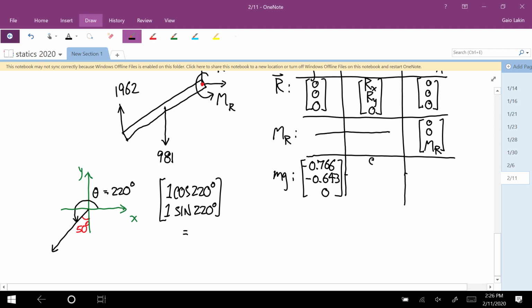The weight force is 0, negative 981, 0. And the cross product between those two is 0, 0, and then a z component of 751.4.